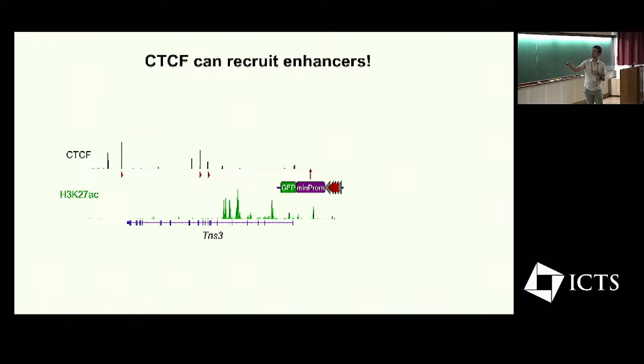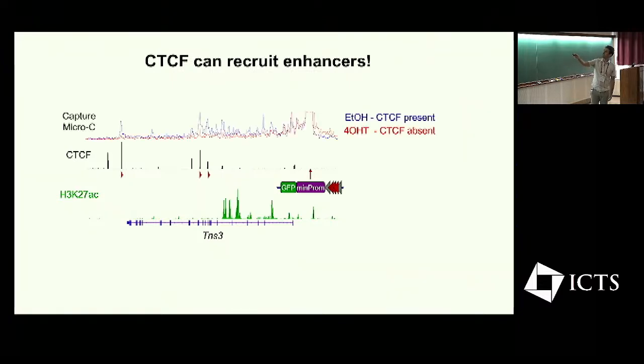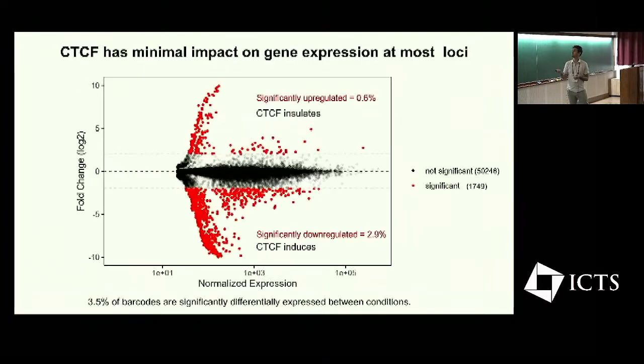This is another gene where we integrated the reporter a little bit further away, and you can see how the integrations in red without CTCF, again, nothing is going on, but if CTCF is present, it starts engaging with the CTCF motifs downstream, and here it interacts way more with the enhancers that are found just upstream of where it integrated. And in this case, we have a much stronger effect on gene expression. So yes, CTCF is able, in some cases, to recruit enhancers to drive expression, and that's very clear.